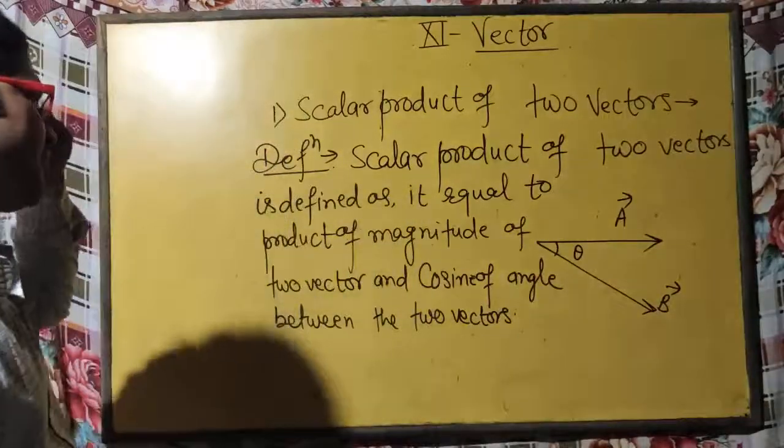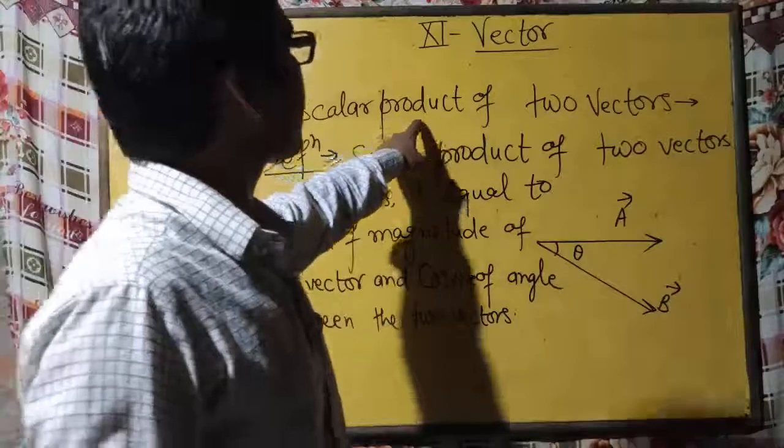So this is the basic definition of the scalar product of two vectors.